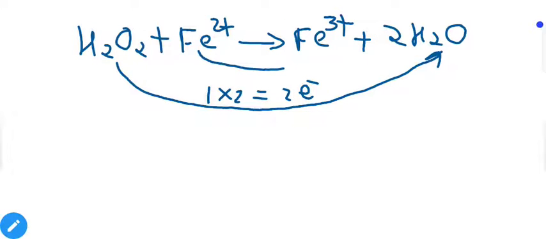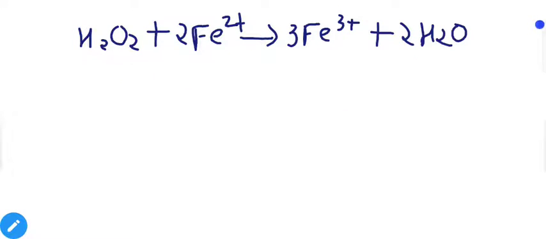For the oxidation reaction, from +2 to +3, the change is equal to 1 electron. So we have to equalize the number of electrons in both reactions, and for that we have to multiply the oxidation reaction by 2. So we put 2 Fe2+, it produces 2 Fe3+. Now we have a similar number of electrons transferred.